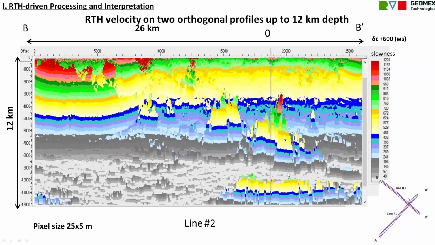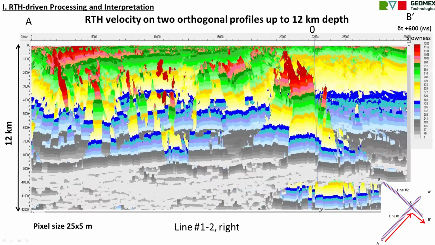So with this depth, we can see the similar low velocity object at more than 10 kilometer, with a precision 25 by 5 meter. And then it's interesting what will be pictured, for example, at the right voxel at line 1, and then this point with line 2.